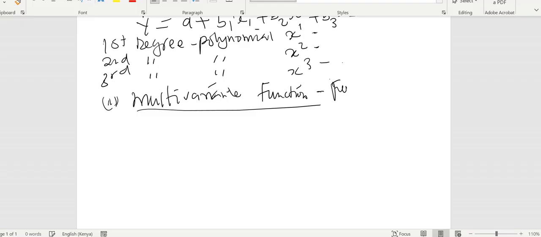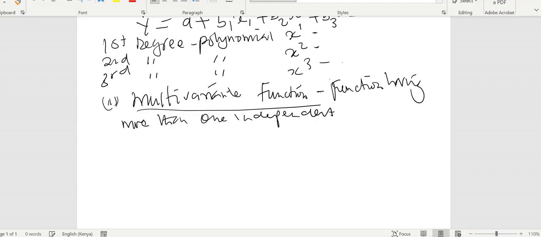You can say a multivariate function is a function having more than one independent variable. For example, y is equals to 10x plus 3m.